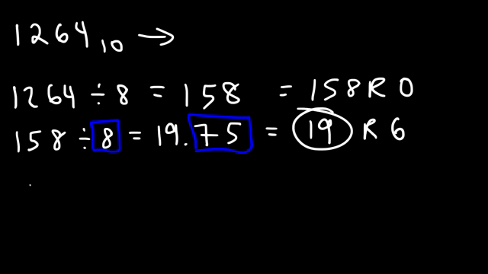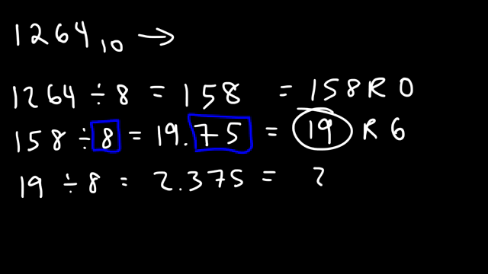Now let's take the 19 and divide it by 8. 19 divided by 8 is 2.375. So this is 2 remainder, and then 0.375 times 8 is 3. So we have 2 remainder 3.